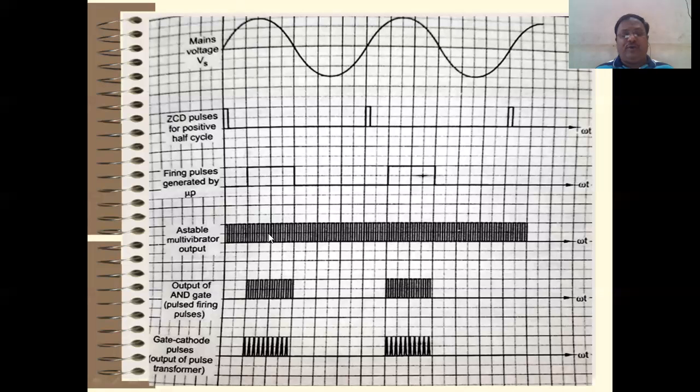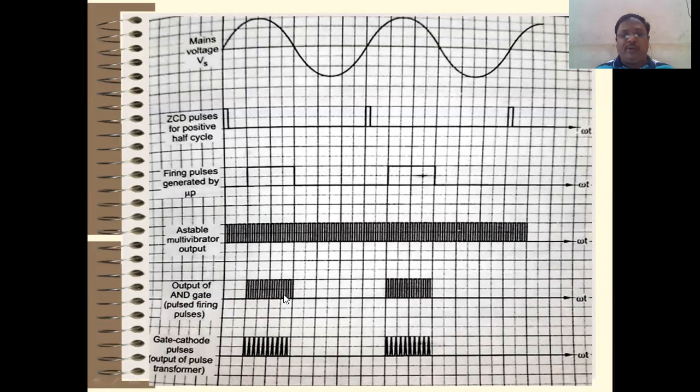And after the 8255, those pulses are given to the AND gate. One input terminal of the AND gate is connected to the astable multivibrator and the other to the 8255. So if the firing pulse generated by the microprocessor is high and the astable multivibrator is pulsing, only at that time is the output of the AND gate high, right?